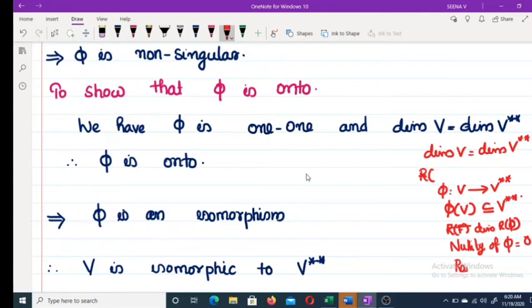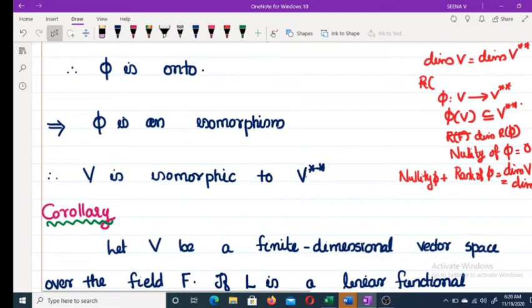So nullity phi plus rank phi equal to dimension V, which is equal to dimension of V double star. Nullity is equal to 0. Rank phi equal to dimension of V double star. That is, the dimension of the range space is equal to dimension of V double star.